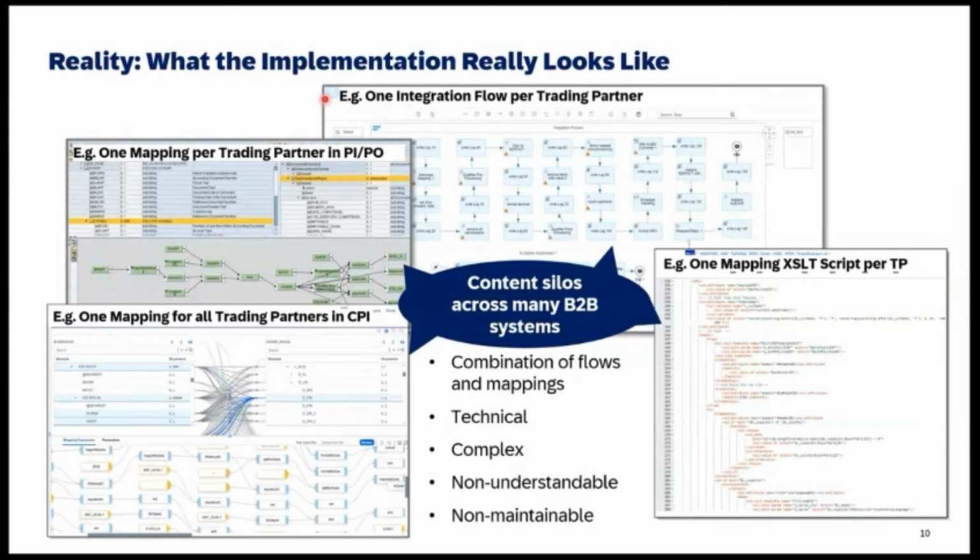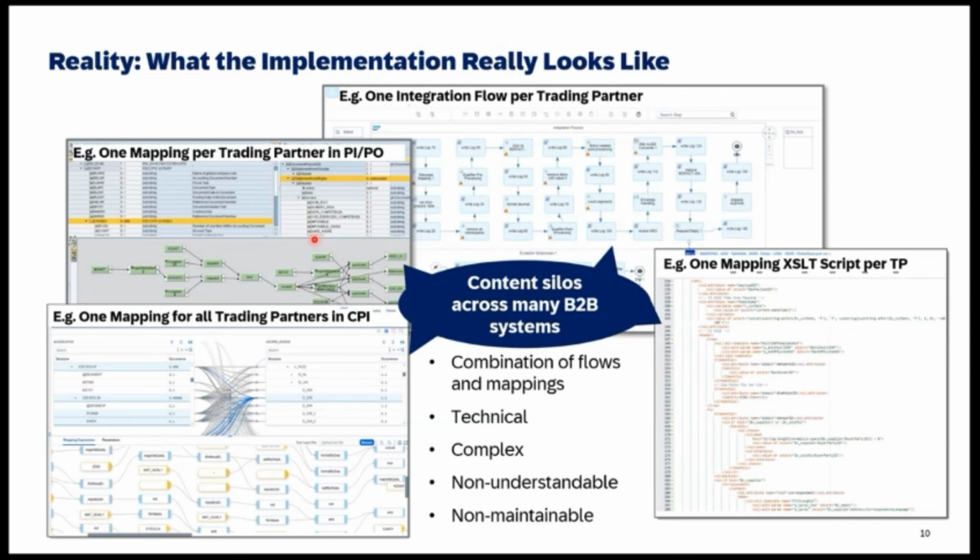Unfortunately, nowadays in customer landscapes, we can see many complicated message mappings or XSLT mappings or complicated integration flows, which are not only hard to understand for the business users, but also for the technical users, and they are also hard to maintain.